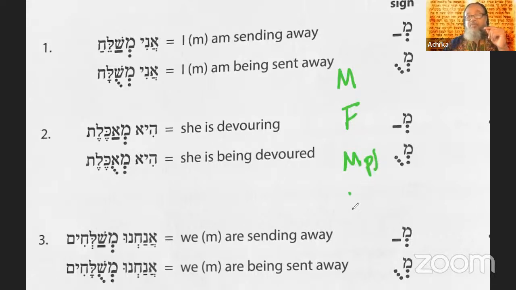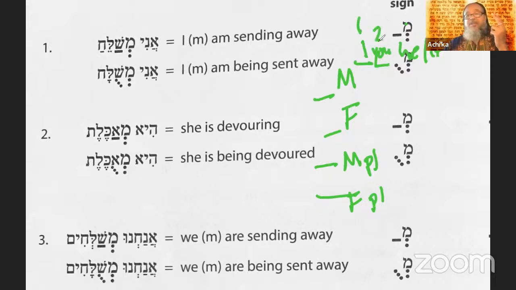Within each one of these 4 groups, you're going to get I, you, or he or it, which is first person, second person, third person.